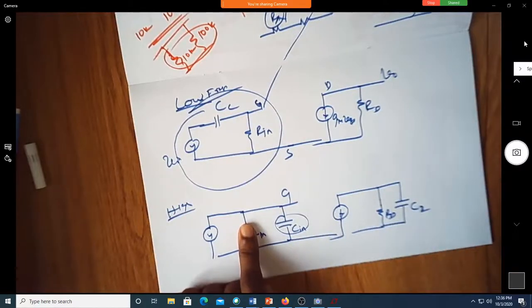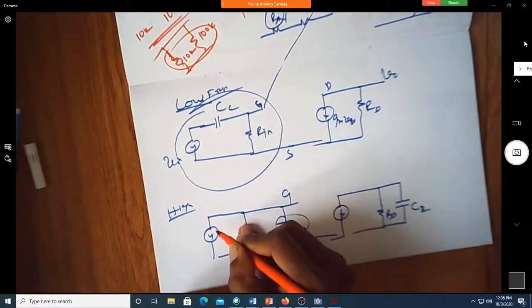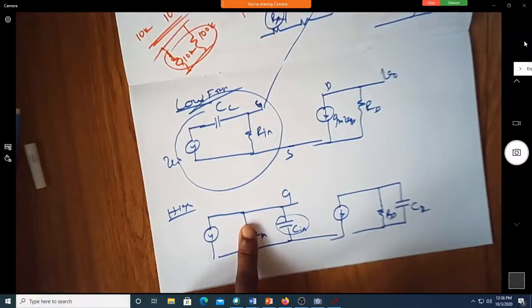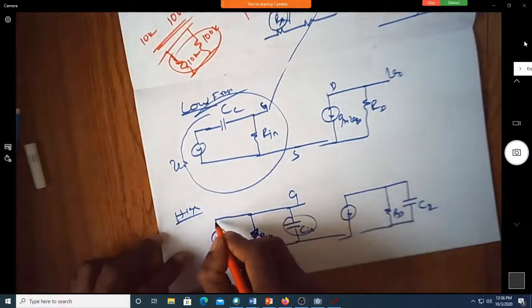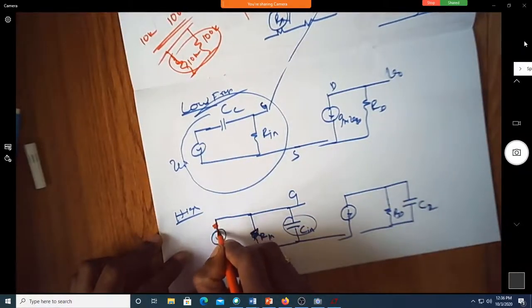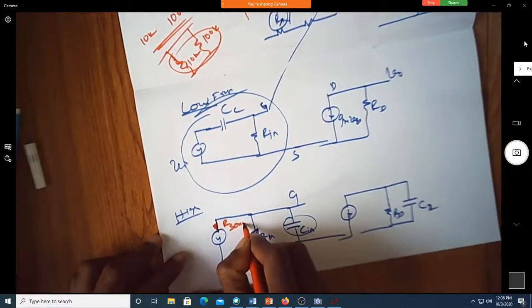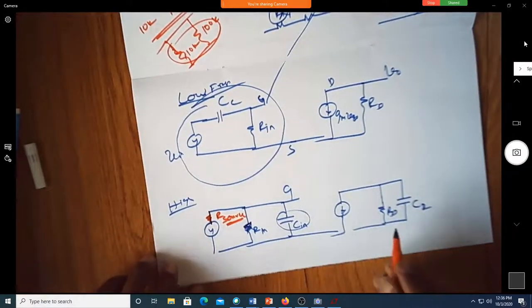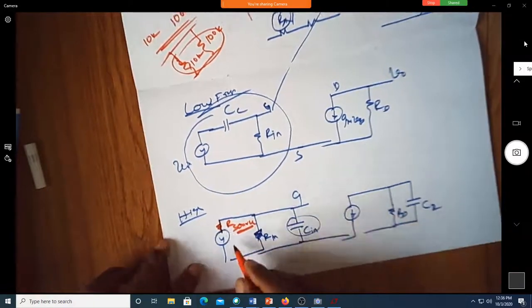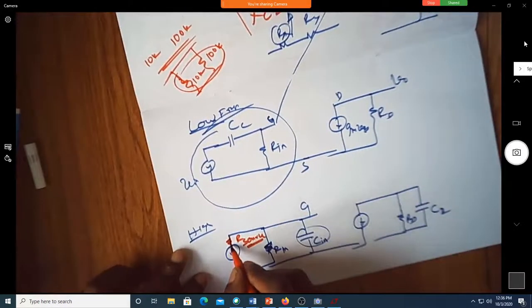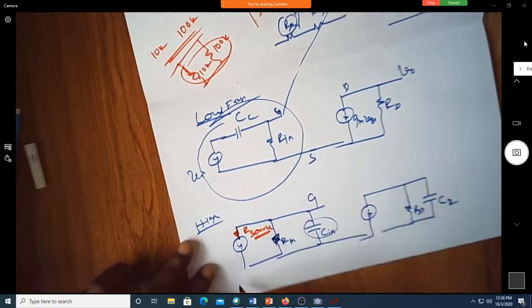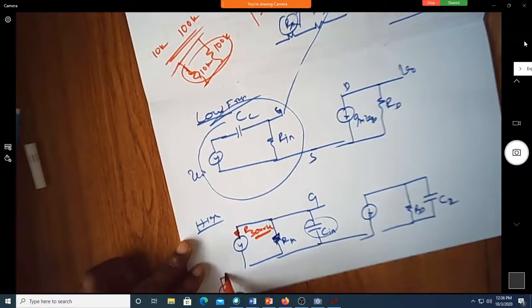But maybe in your first class, you might have learned that every source will have some source resistance. So let us consider that source resistance in the form of R source. Will it somehow look like there is a resistor here and there is a capacitor here?